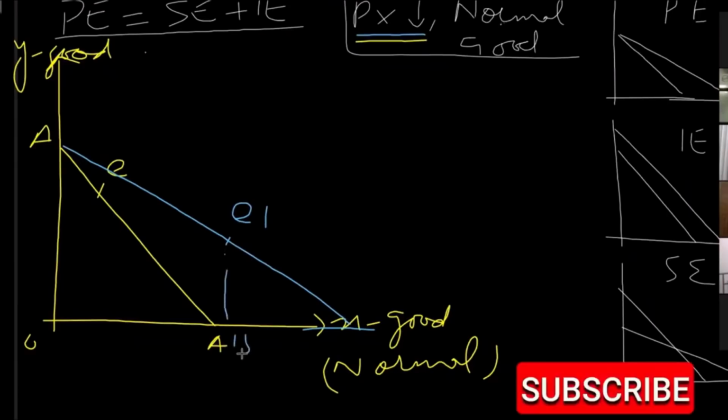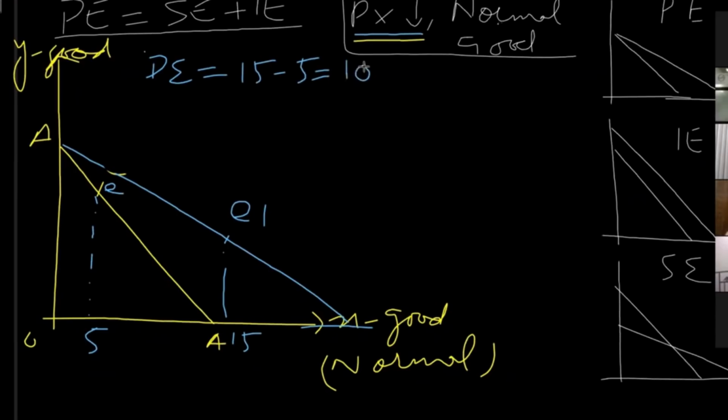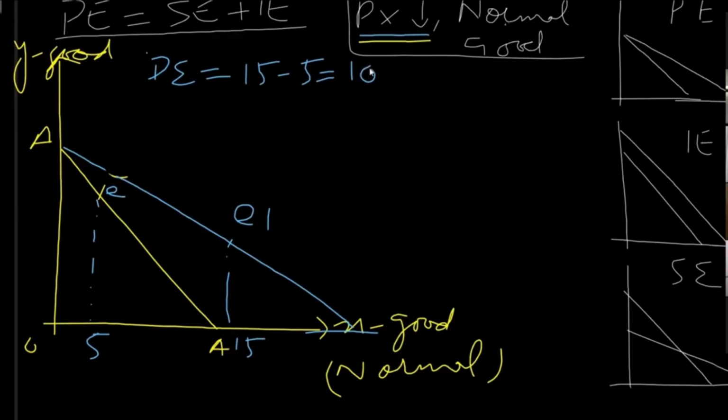Let's say it is 15 units, and at the initial equilibrium E, let's say it was 5 units. So we can easily find out the price effect, and price effect is equal to 15 minus 5, which is equal to 10, because this shift was basically caused by the fall in price of X, and the fall in price of X has resulted in a price effect shown by the gap between 15 and 5.